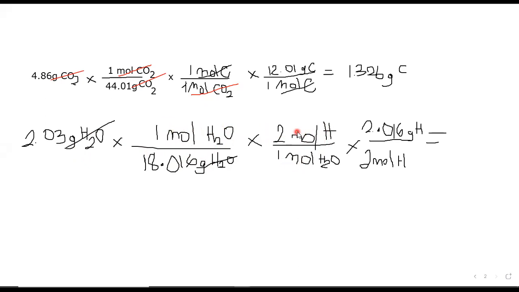So how we did that, we said every mole of water has 2 moles of hydrogen. Then we're going to use these moles of hydrogen to get the grams of hydrogen itself, which is, so you can just type it in the way it is appearing.